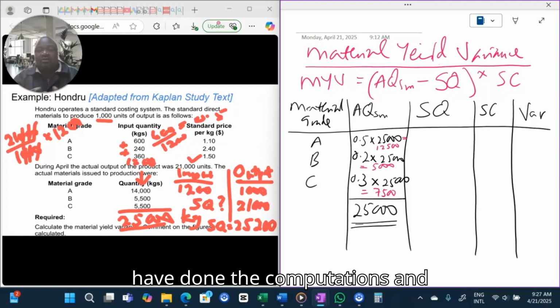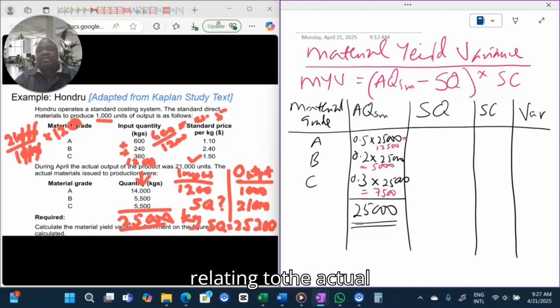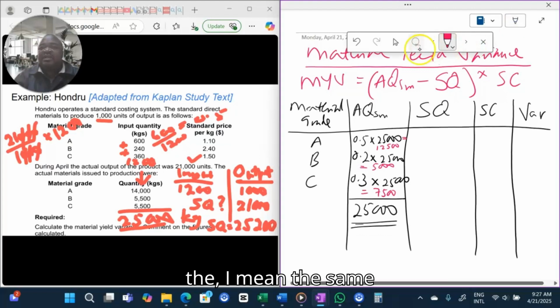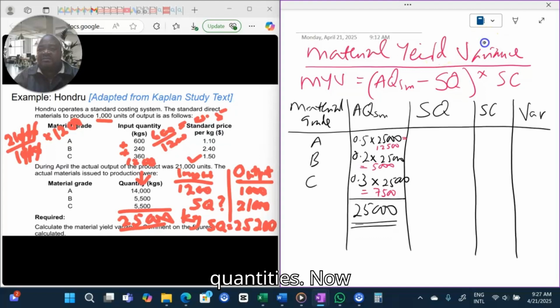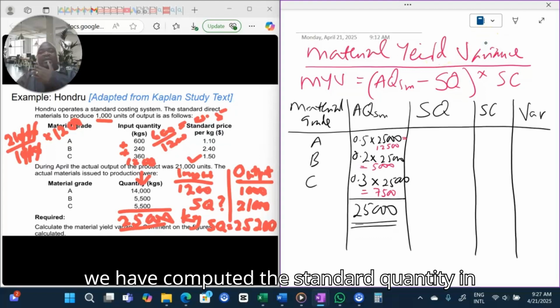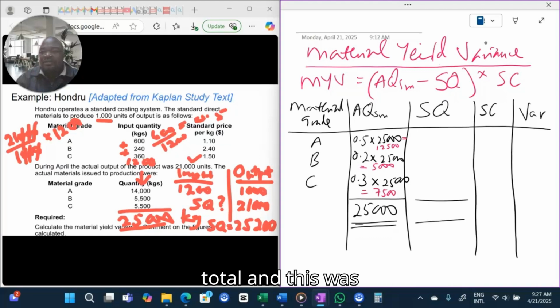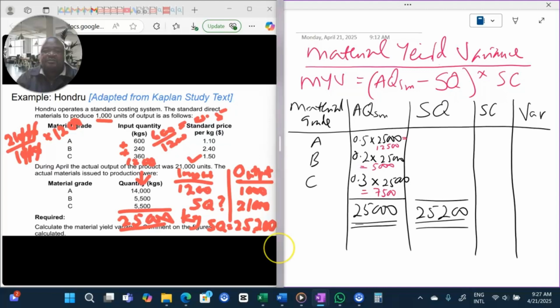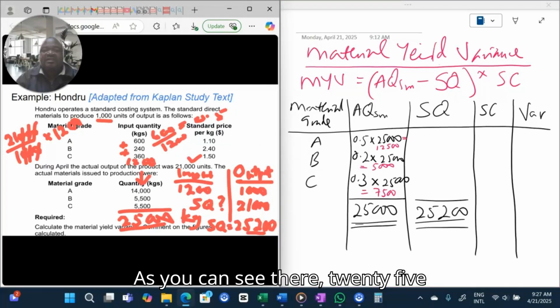We have done the computations relating to the actual quantities in standard mix. Let's do the same computation for the standard quantities. Now, we have computed the standard quantity in total, and this was 25,200, as you can see there.